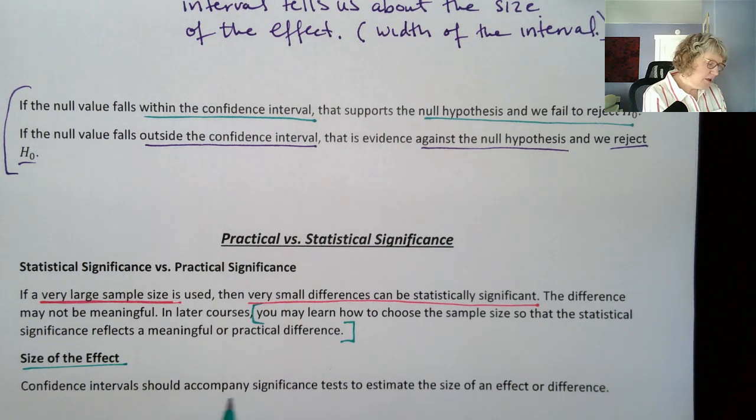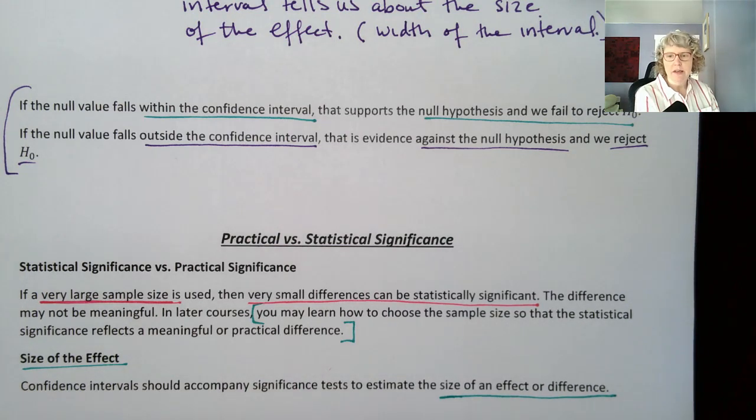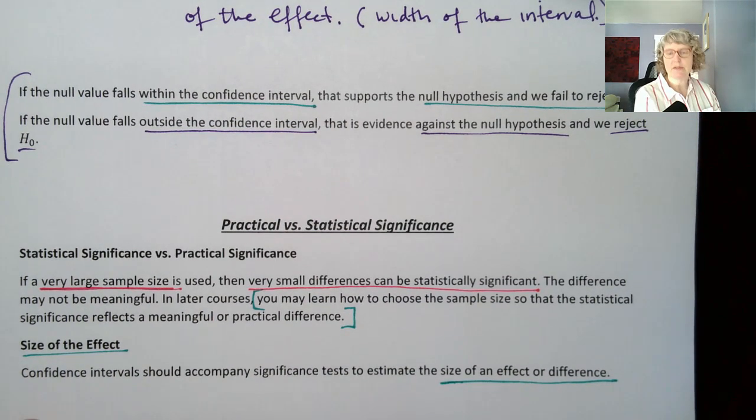Confidence intervals should accompany significance tests to estimate the size of an effect or difference, okay? So the hypothesis test gives us the strength of evidence, and then the confidence interval gives us the size of the effect. So even for tests that are left tail or right tail, not two tail, we'll still do both and then see how the methods compare.